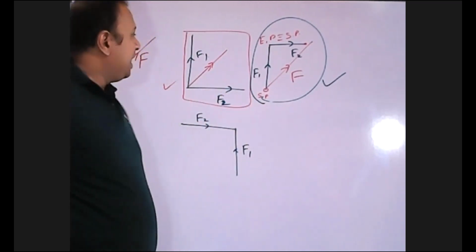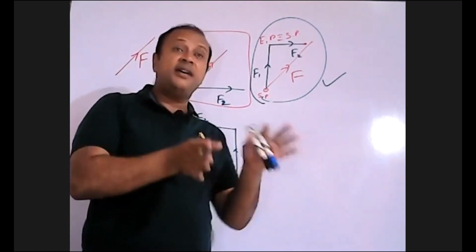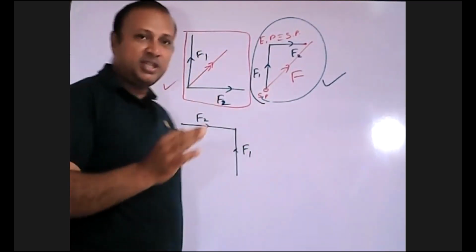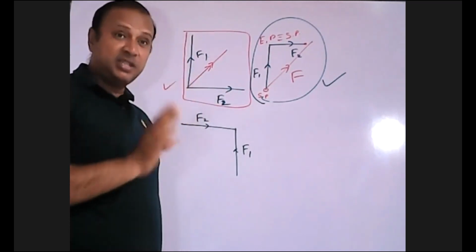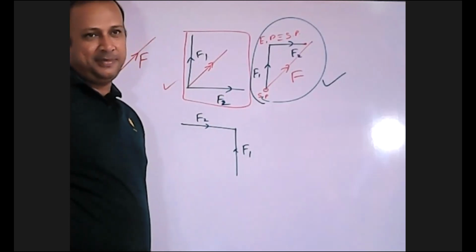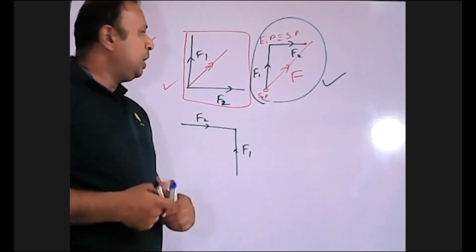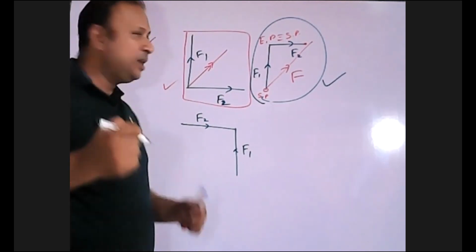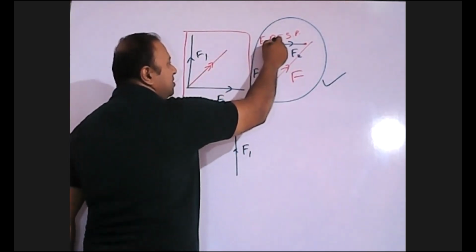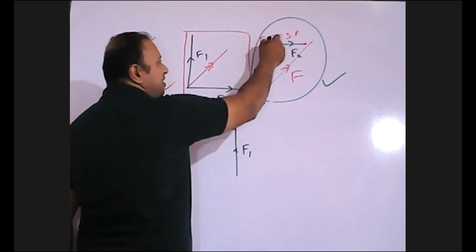If we want to apply the vector parallelogram law, we have to prepare the two vectors into the directions of two sides of a parallelogram. So how to do that? You know one thing here. These two forces act at this point, no?